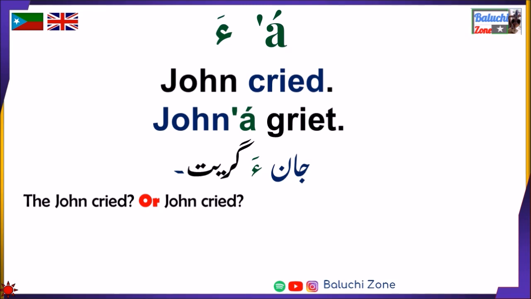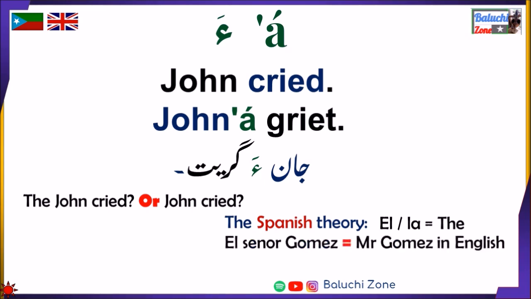This doesn't sound right grammatically, but in Spanish language something similar exists when a sentence consists of a name. For example, El Señor Gómez would translate as Mr. Gómez in English, and not the Mr. Gómez, even though the masculine El is Spanish the accompanying Señor Gómez.